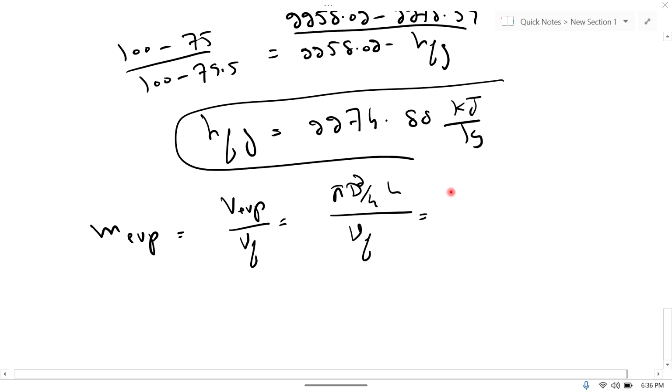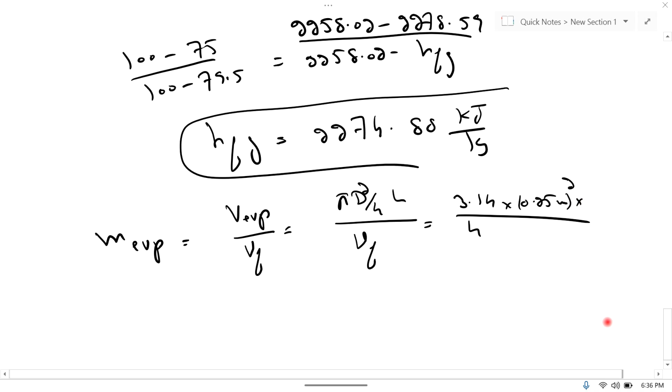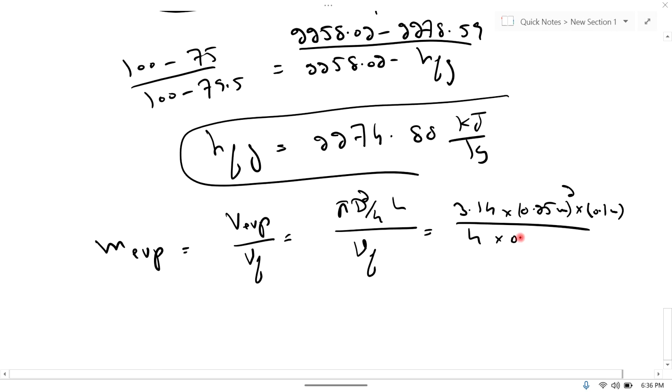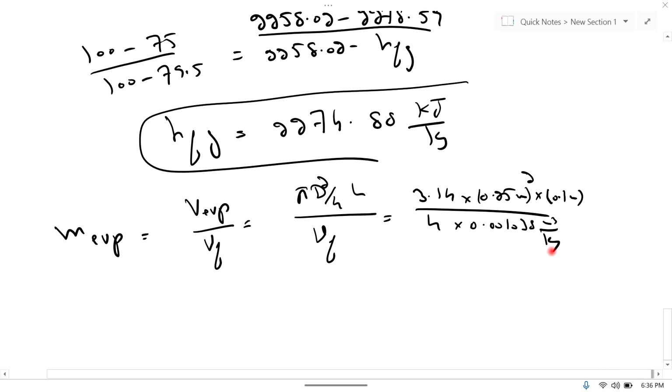So the value of pi is 3.14 divided by 4, d is 0.25 meter whole square, length is same as problem, and Vf is 0.001038 meter cube per kg.